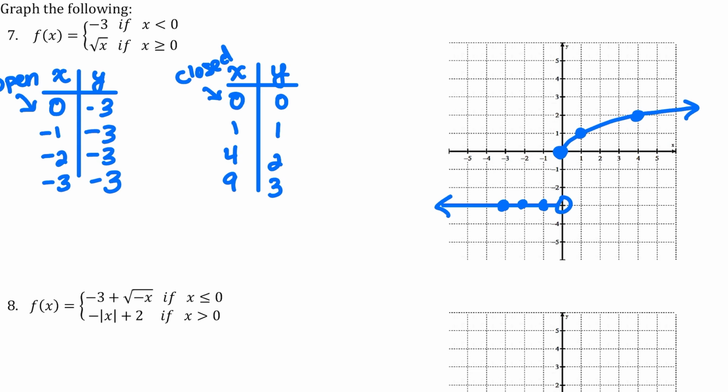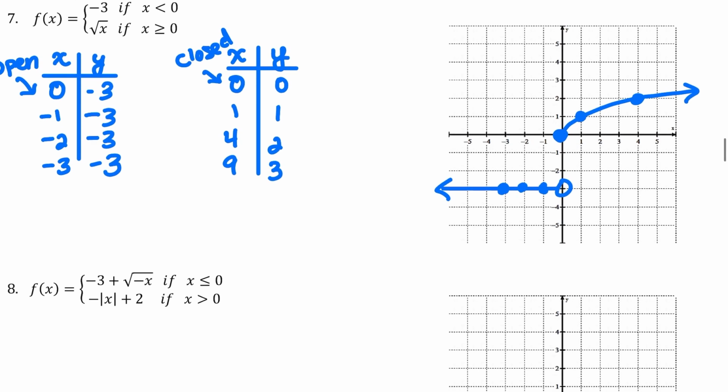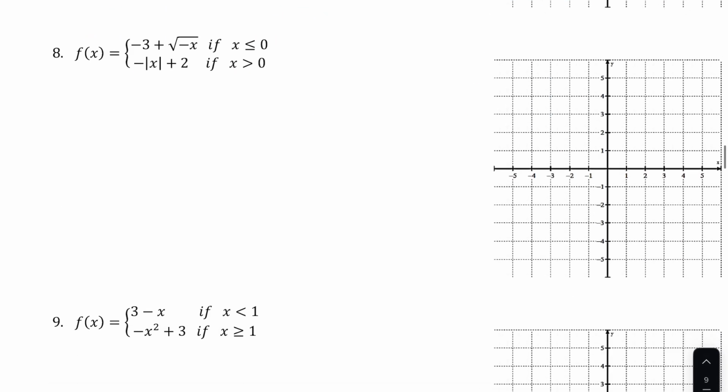So if you draw a bunch of vertical lines, do you hit the graph more than once? Well, some of y'all might be asking about here. Well, we do hit the graph here. Do we hit the graph here? No. Since this is an open circle, it passes the vertical line test. So we're good. This is a function. All right. What about this next one?